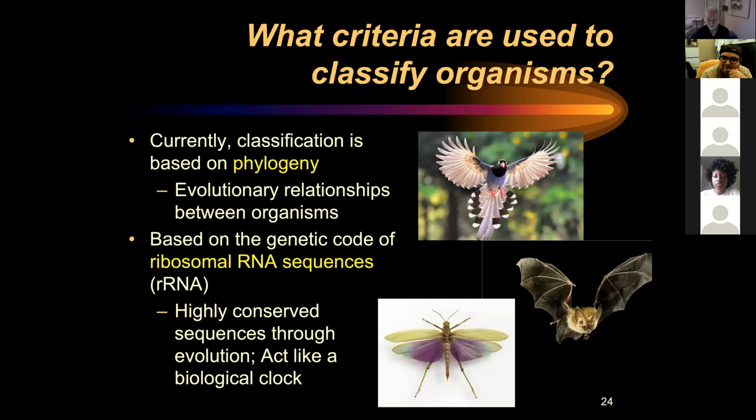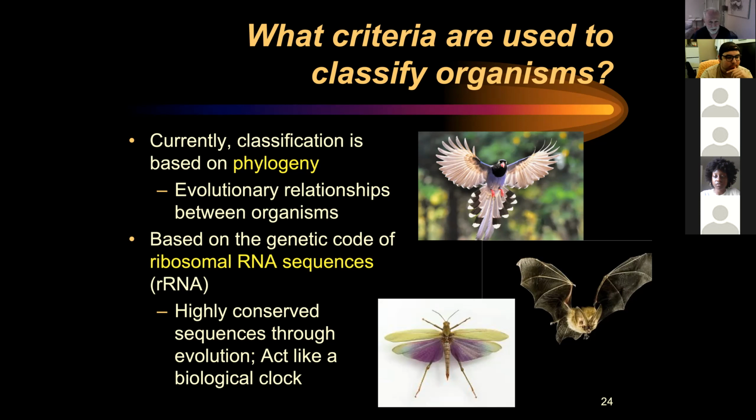What criteria are used to classify organisms? Well, here you see pictures of wings. So you could say wings could be used to classify organisms, but it doesn't work. It breaks down rather quickly, as we'll see in a minute.